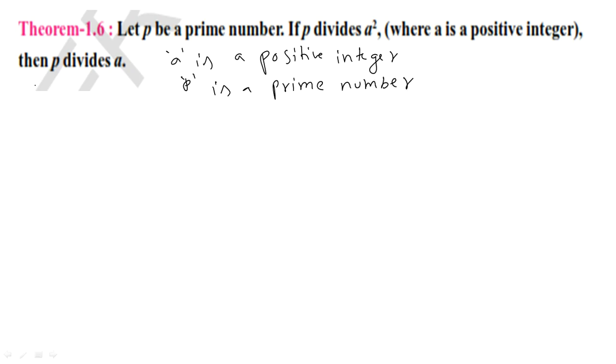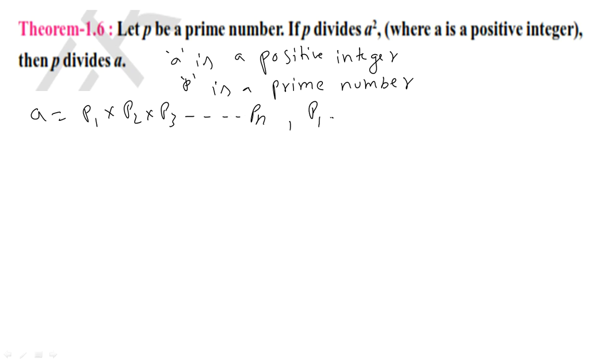Okay. Now, let's consider A is equal to P1 into P2 into P3 and so on Pn, according to the prime factorization method.